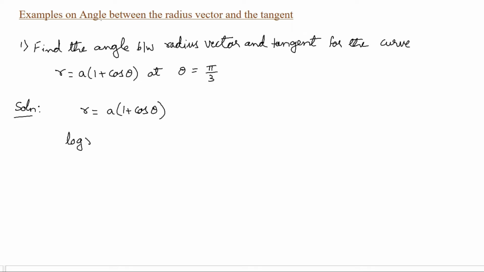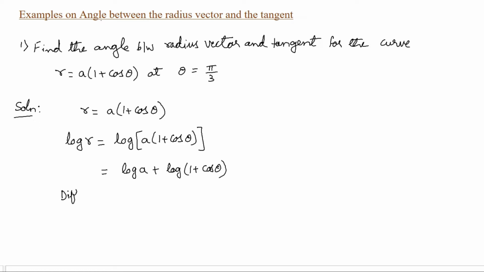So log of r is equals to log of a into 1 plus cos theta. Using the properties of logarithm, I can write this value to be equals to log of a plus log of 1 plus cos of theta. Let us differentiate with respect to theta.